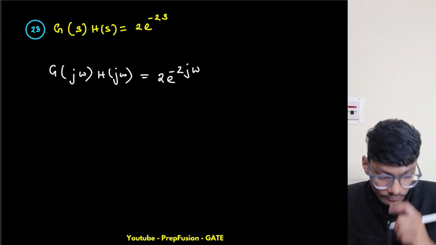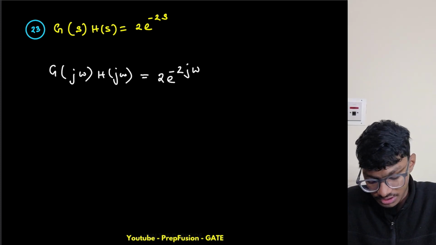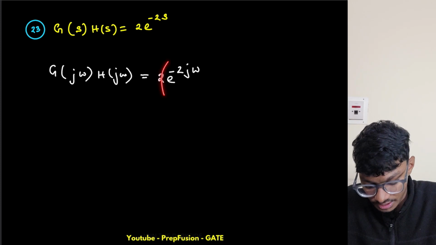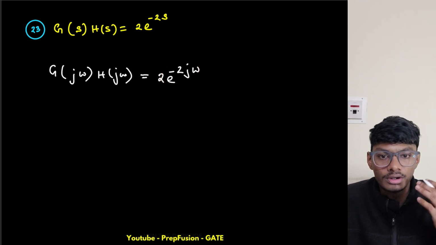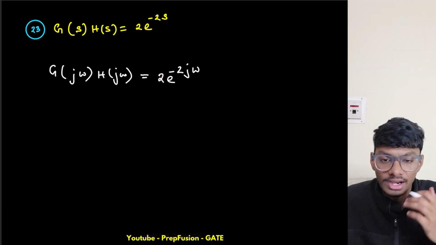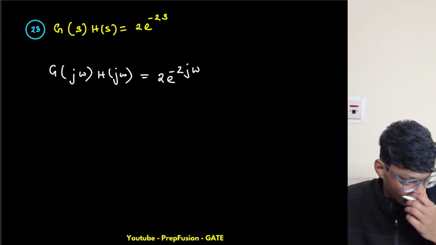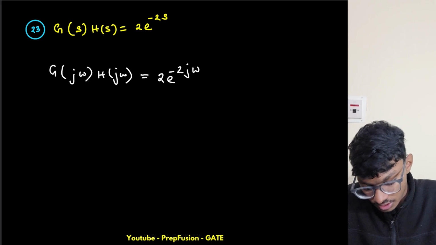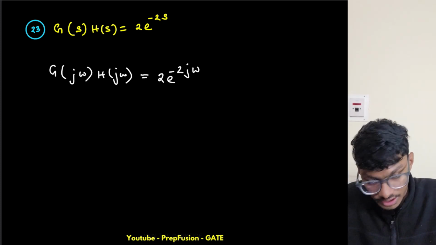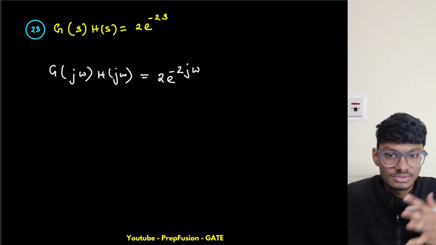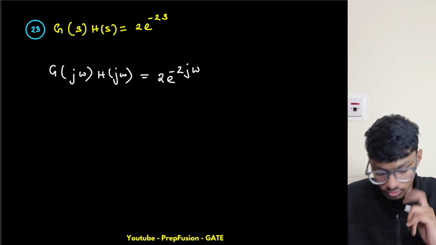Now, again, first I will derive what is exponential. I have derived this multiple times, but still I will derive it again. Let's say I have e to the power j theta. e to the power j theta can be broken down into cos theta plus j sin theta. Here also I will break down the same, to explain how the magnitude comes like this and the angle comes like this.